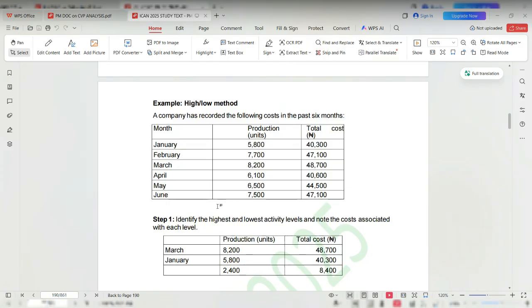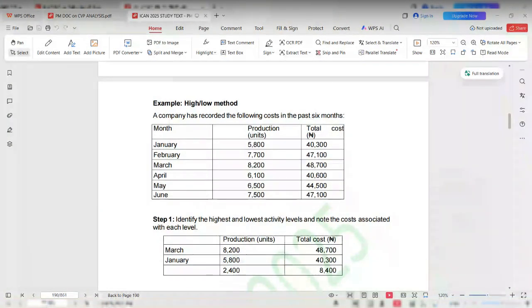So what is our formula again? Y is equal to A plus Bx, where Y is the total cost.